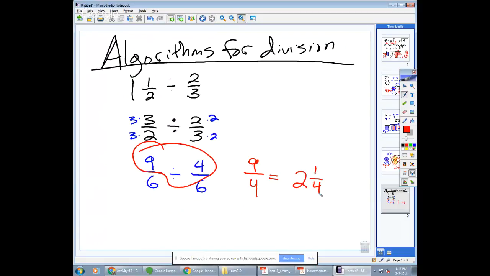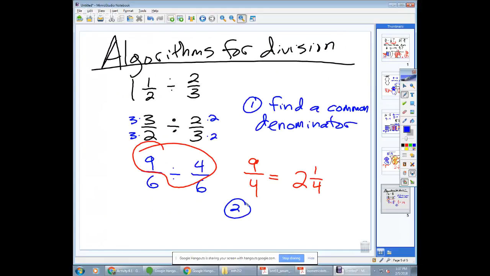So the algorithm goes like this. Step 1, find a common denominator. Step 2, just divide the numerators.